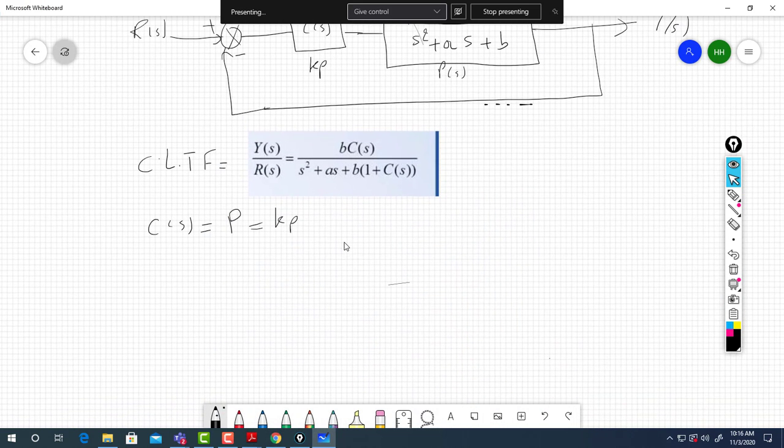If the controller is only proportional, then your closed loop transfer function Y over R equals B Kp over S2 plus AS plus B times 1 plus Kp.